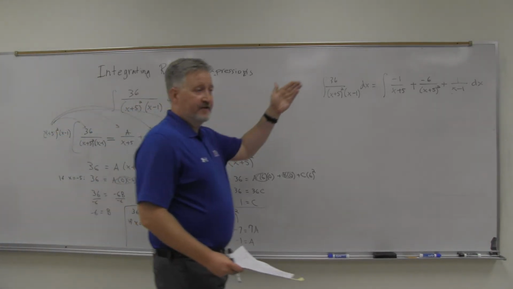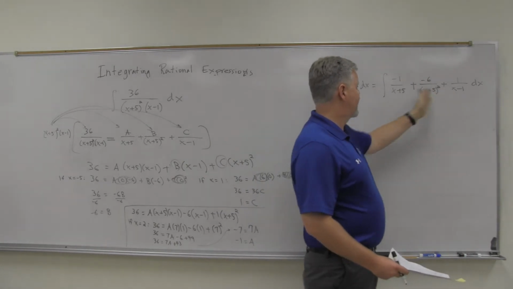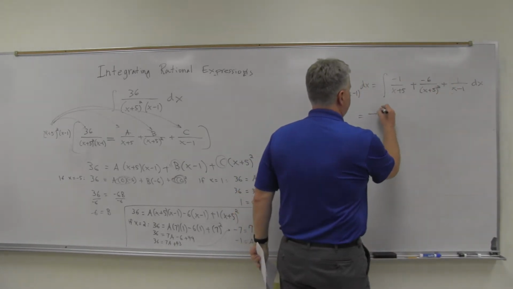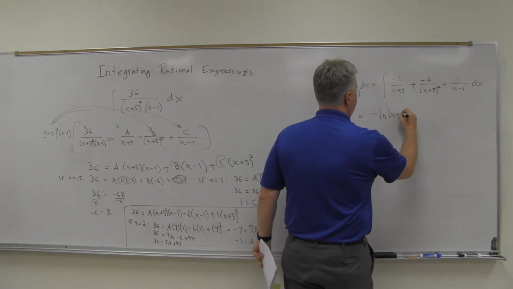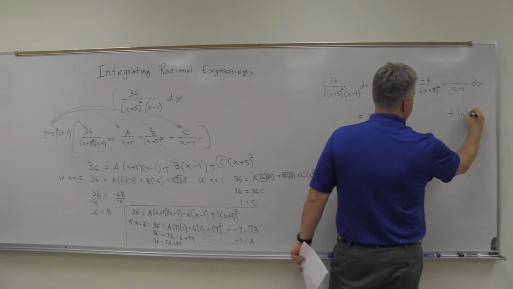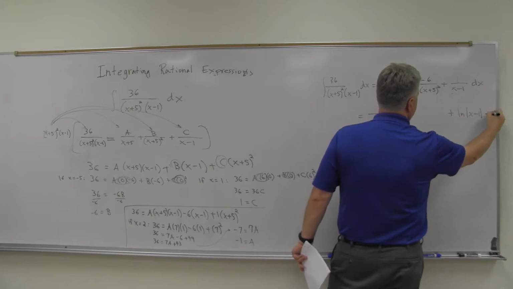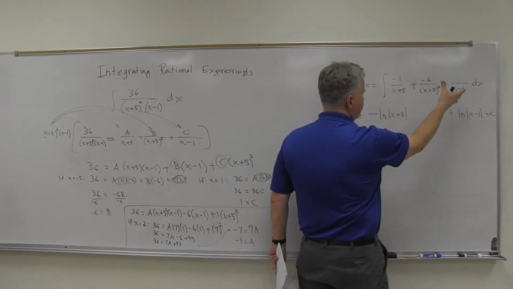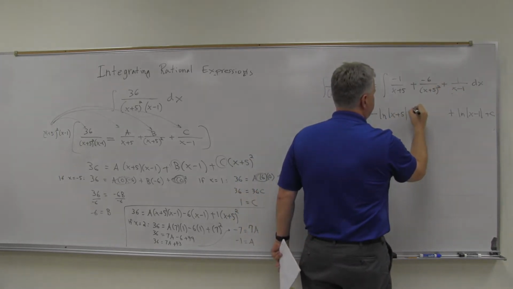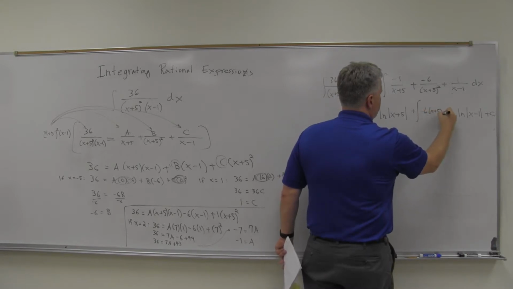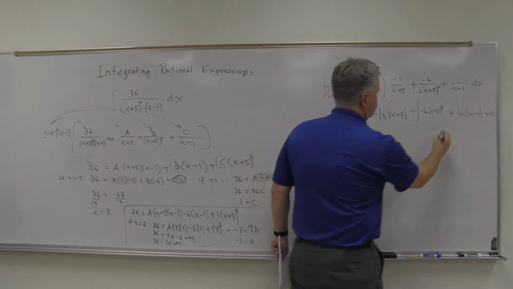Again, the first and the last one, what do you see there? ln. So this is negative ln of absolute value of x plus 5. This is plus just ln of x minus 1, the absolute value. And then this one, well, that one's like the one we had on that last problem.